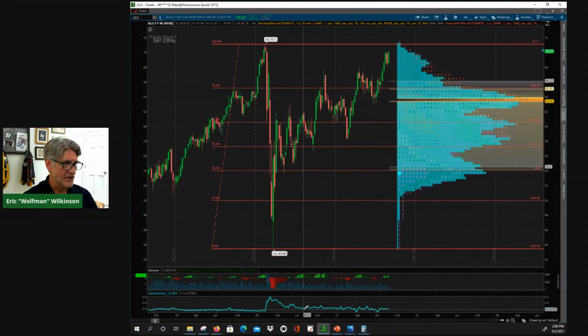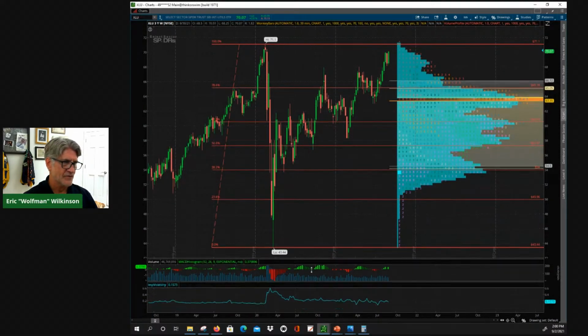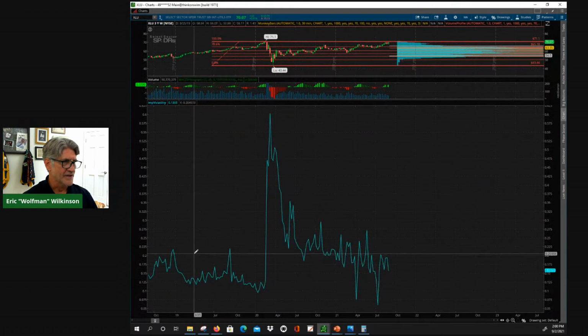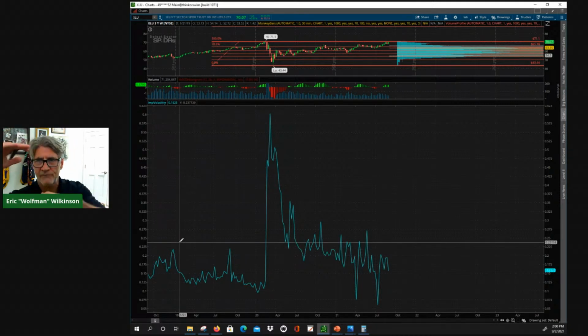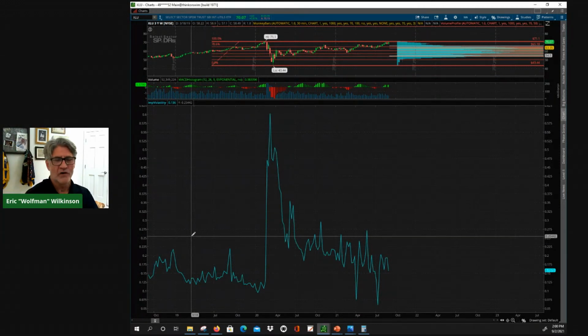But something to note with this implied volatility, let me stretch this back out up here. You can see before the pandemic, the highs and the lows in 2019 were a little bit lower, right?